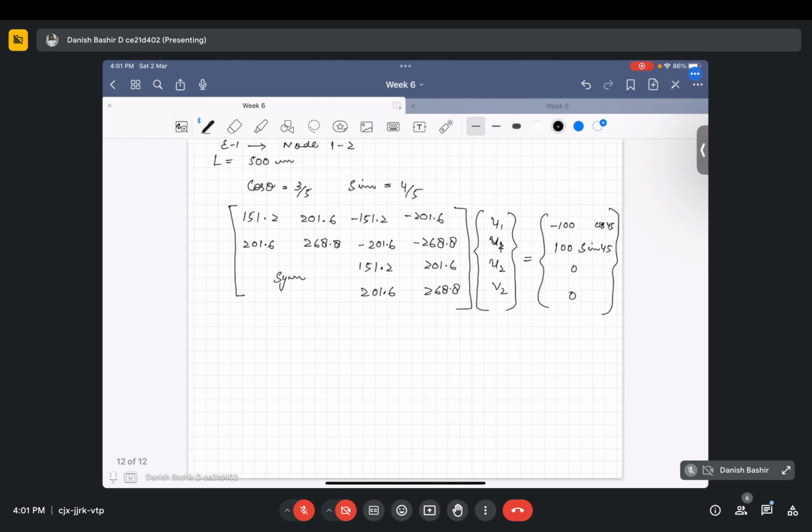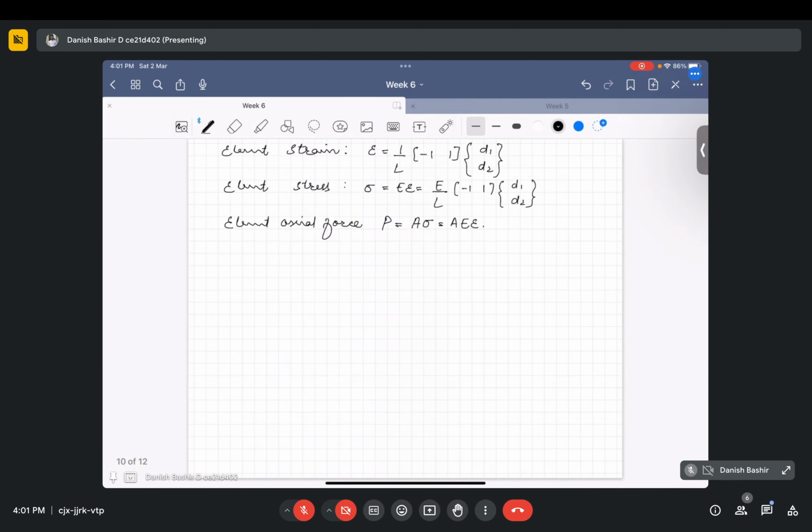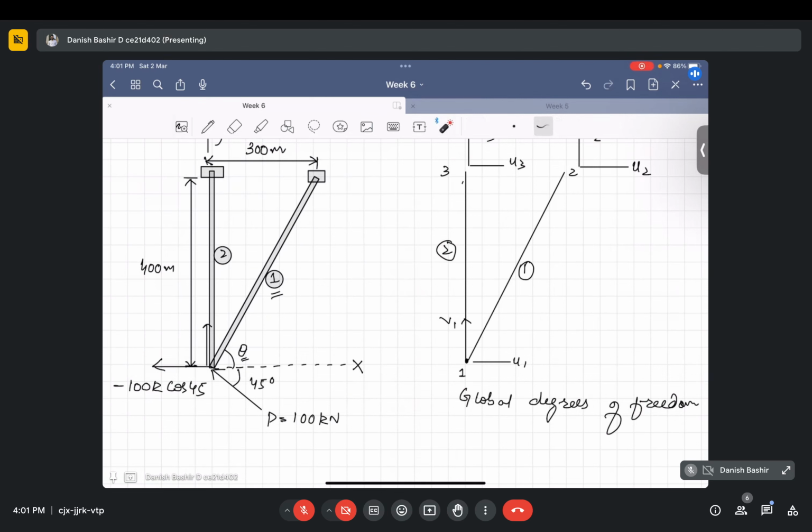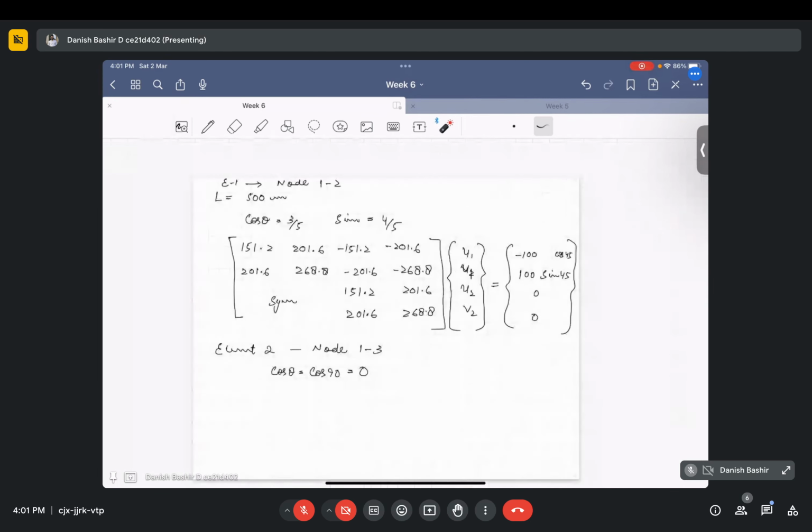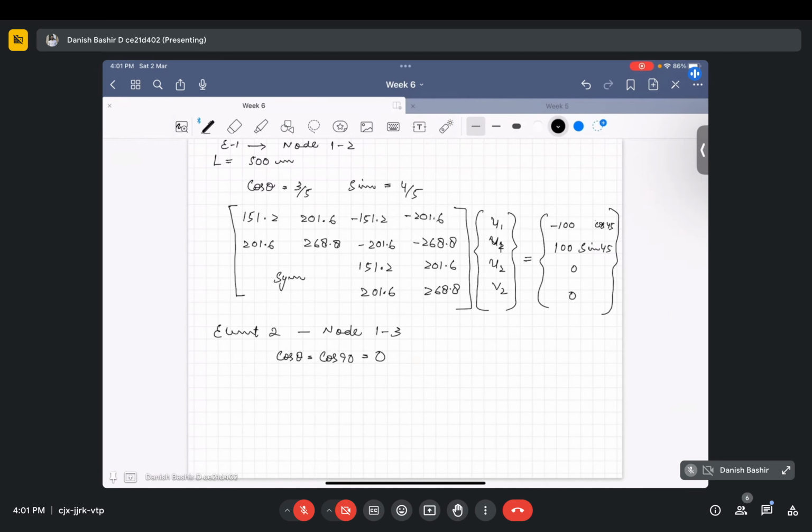Similarly for element 2, when you write the equation, that is from node 1 to node 3, you will have cos theta. Since theta is equal to 90 degrees, cos 90 is equal to 0 and sin 90 is equal to 1, because you can see that this element is inclined at an angle of 90 degrees here.